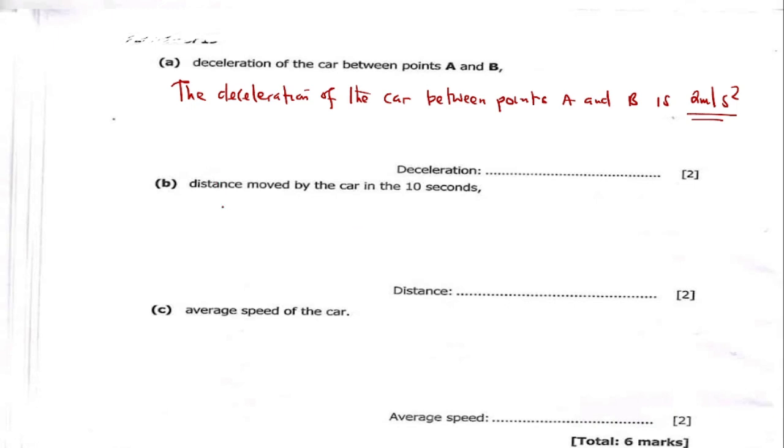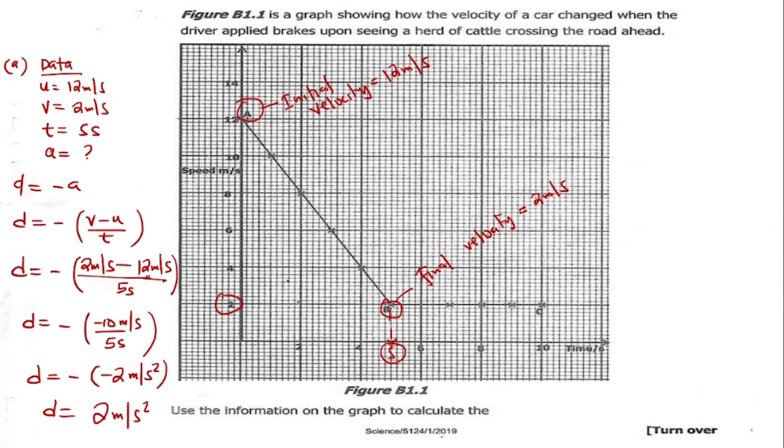For part B, the question says the distance moved by the car in the 10 seconds. If you look at this diagram, we can make two shapes from it.